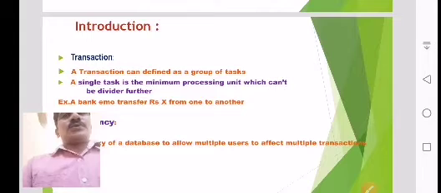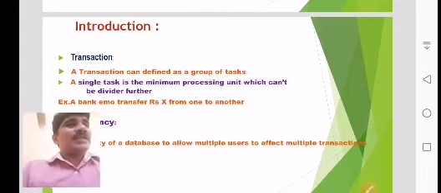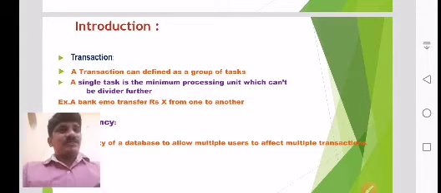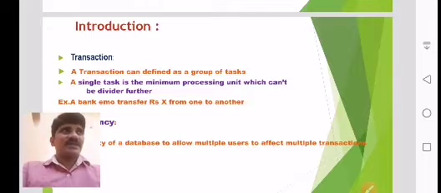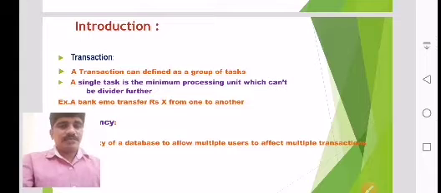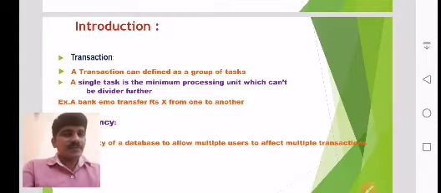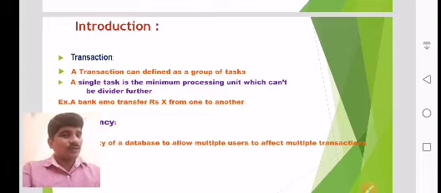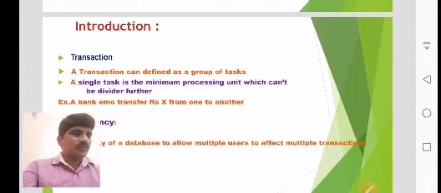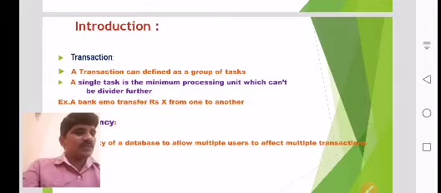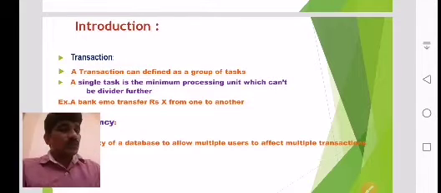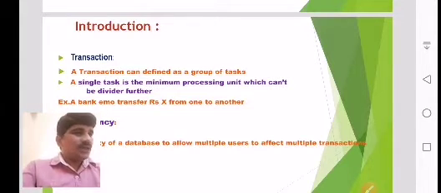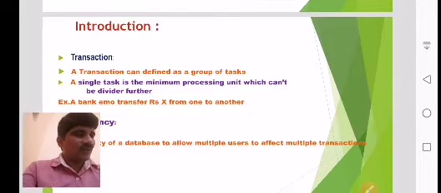The transaction can be performed in different types of stages. For example, first a transaction begins. When it begins, the transaction automatically comes into active mode. In active mode, it will either succeed or fail.